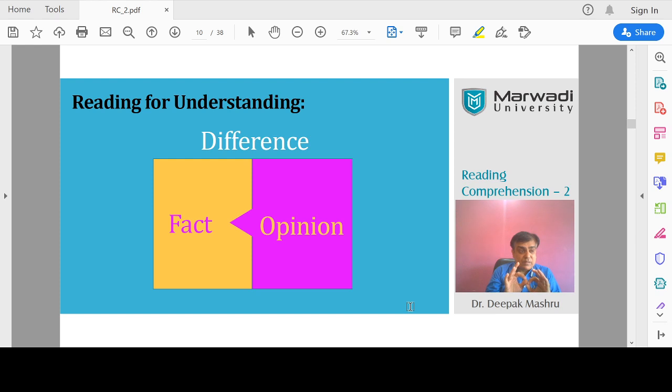One thing is clear: a fact is something which can be tested. I don't tell you that a fact is always right. A fact can be wrong too, but a fact can be tested. An opinion cannot be. I'll give you an example.